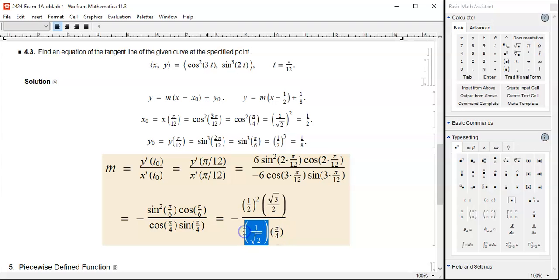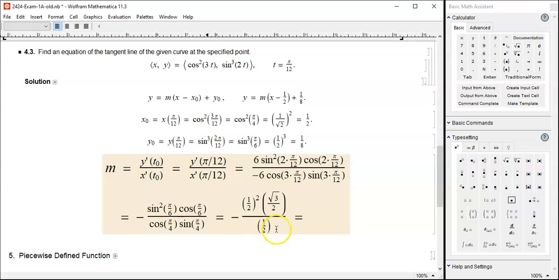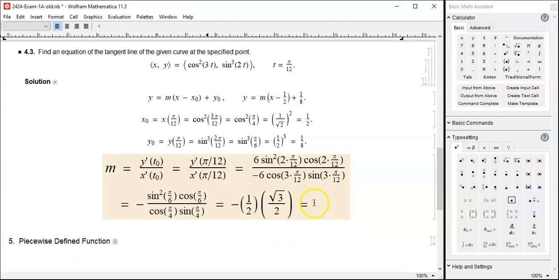And sine, again, the same thing. So 1 over square root of 2, another 1 over square root of 2, the whole thing simplifies into 1/2. So that 2 simplifies, and I'm getting negative square root of 3 over 4.